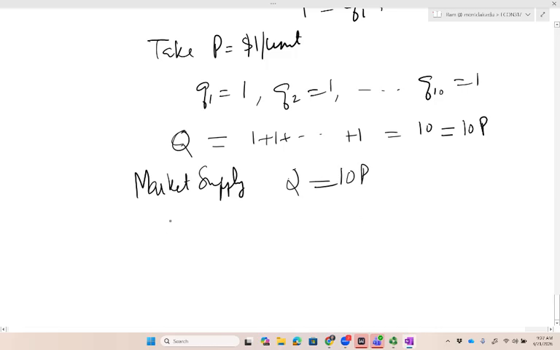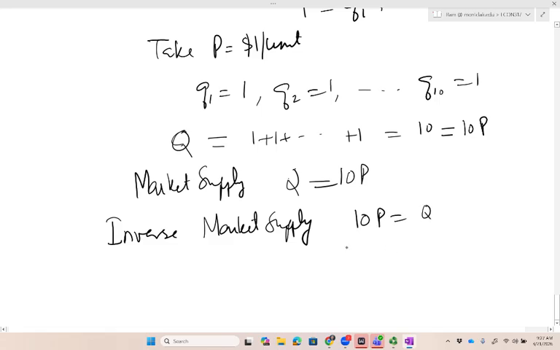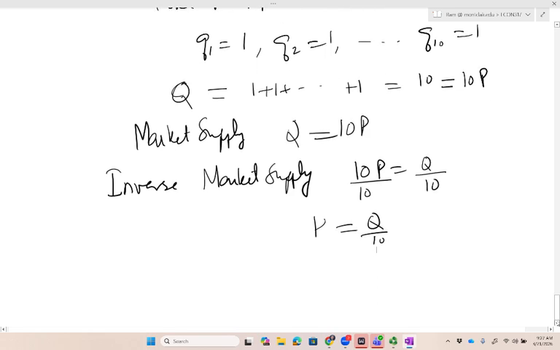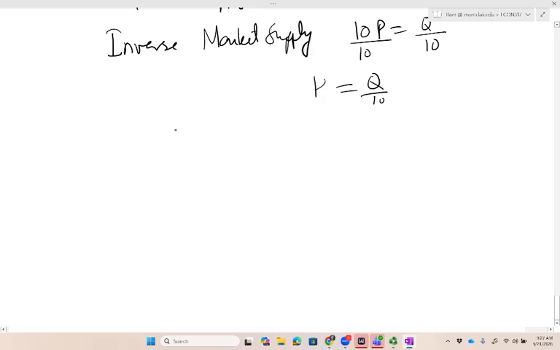But remember, we draw the inverse supply. So I will write down the inverse market supply. First I will rewrite it as 10p equal to Q, but I need p by itself, so I will divide both sides by 10, and so what I have obtained is p equal to Q by 10. And let's draw this in a graph to see how the aggregation of adding up works in this situation.